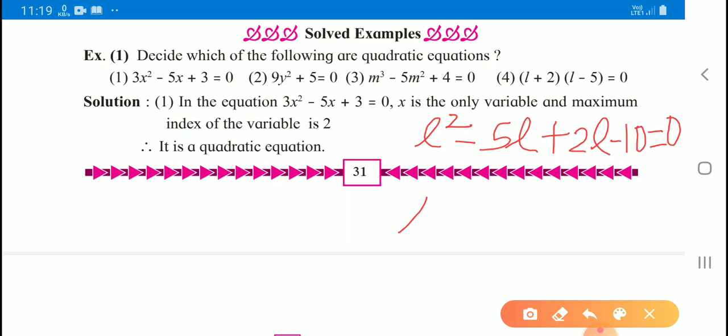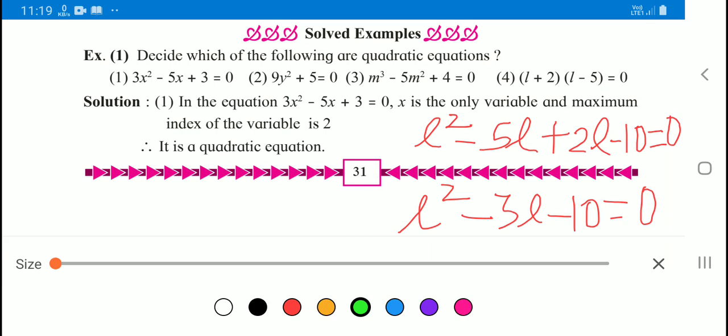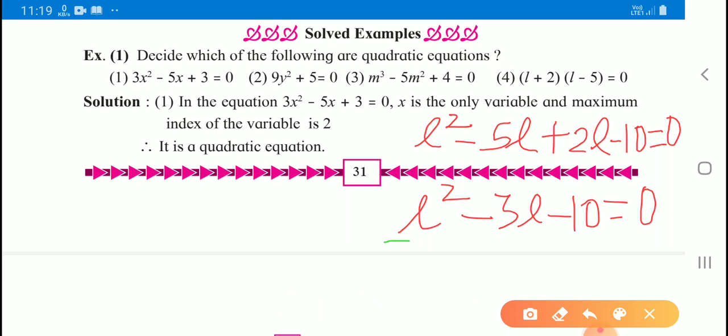So this equation will be L square minus 3L minus 10 is equal to 0. You can see here the variable is L and the maximum index of the variable L is 2. So this is a quadratic equation. Do you understand how to decide whether an equation is a quadratic equation?